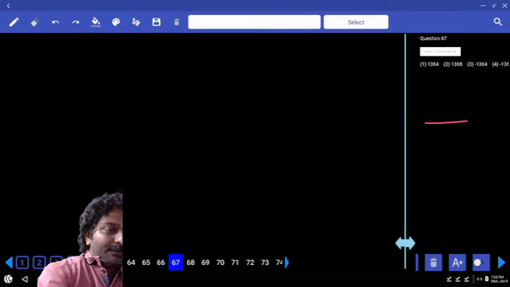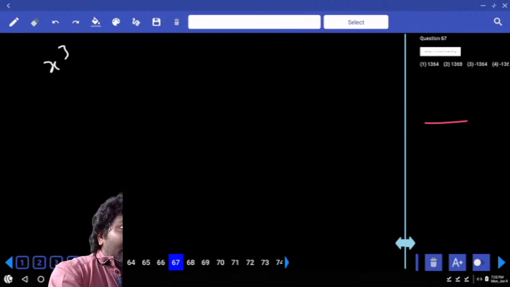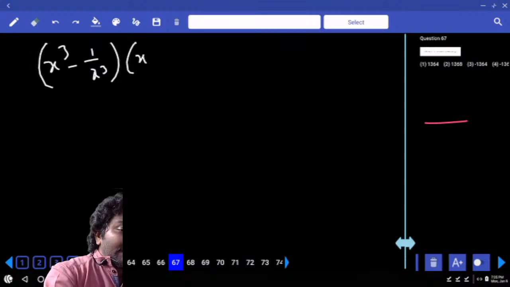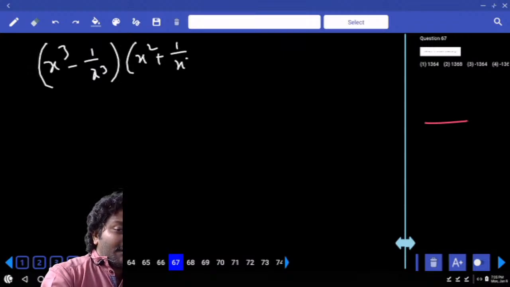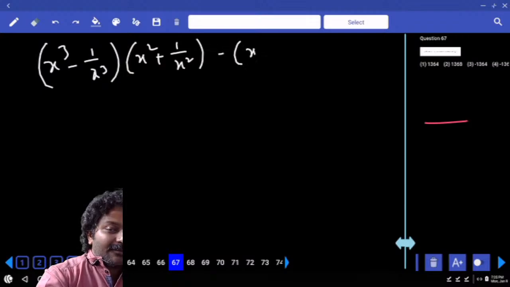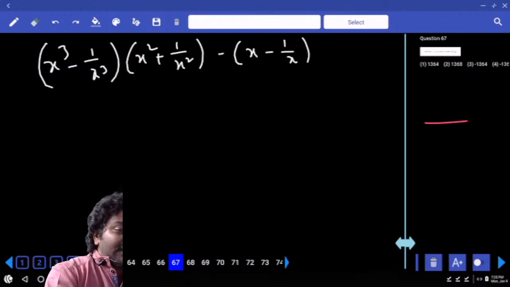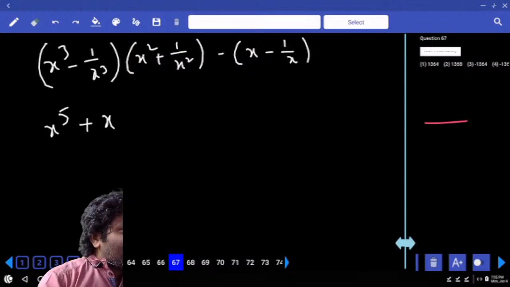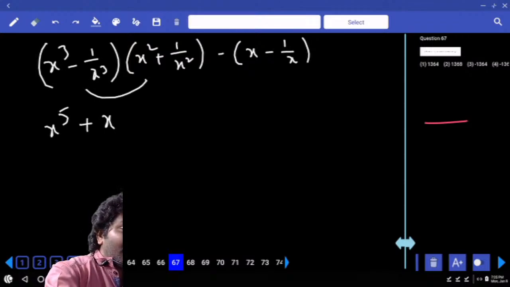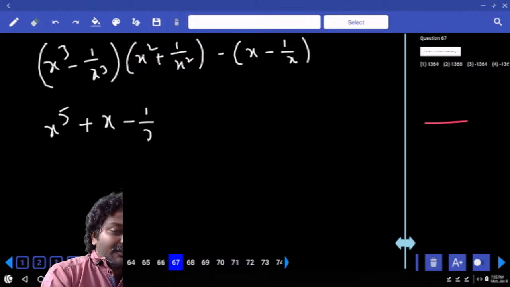Let me explain. x cube minus 1 by x cube, x square plus 1 by x square, minus x minus 1 by x. Let's expand this first. x cube into x square is x power 5. This one is x, and this is minus 1 by x.